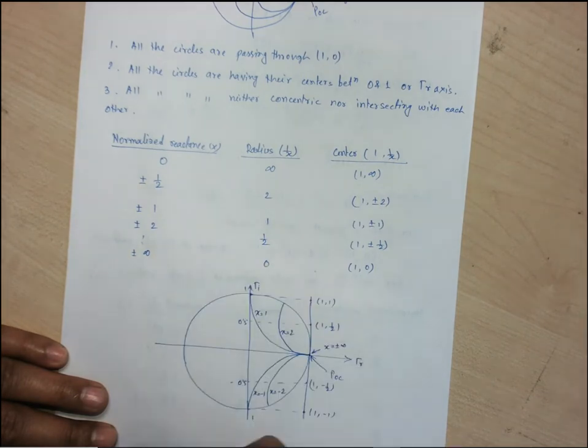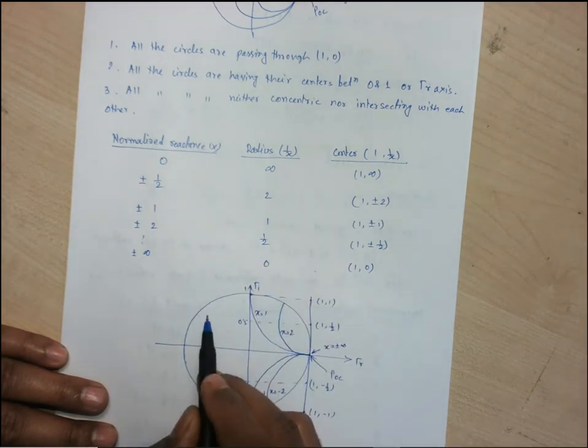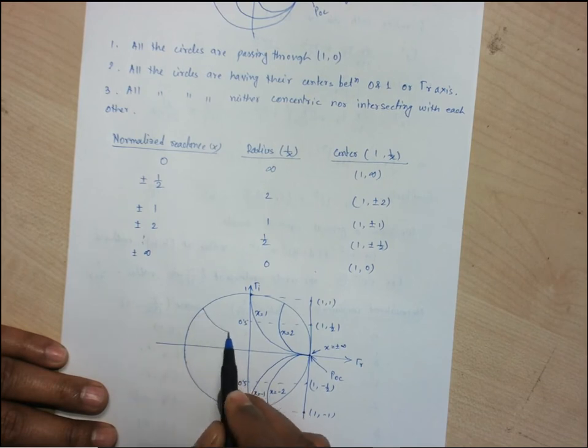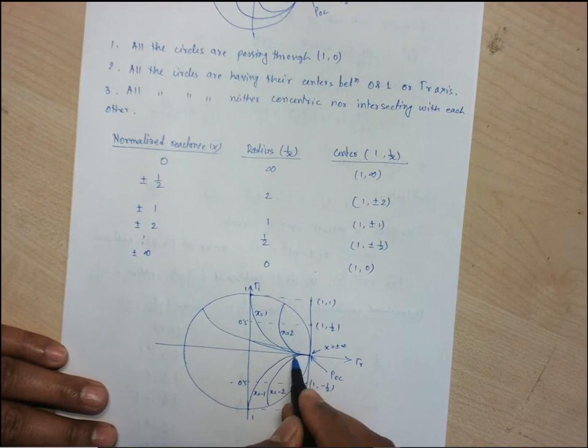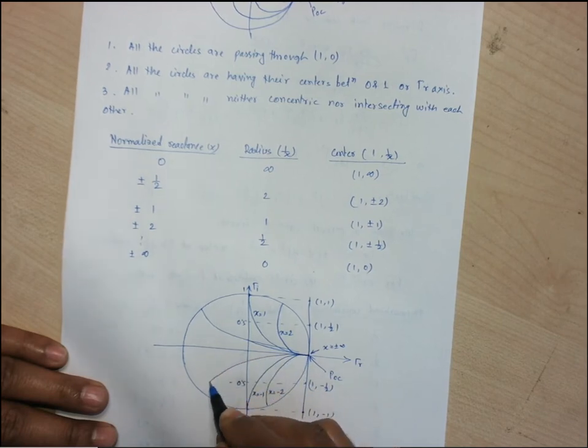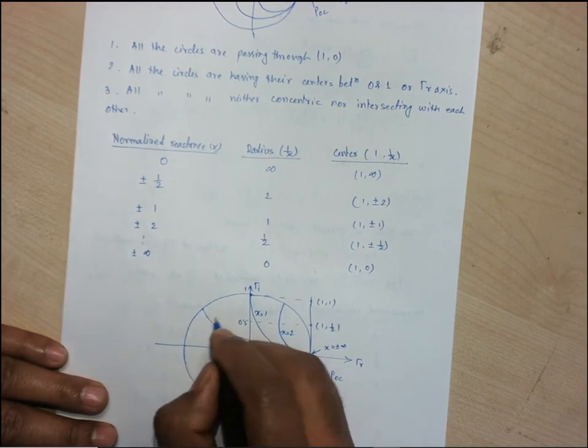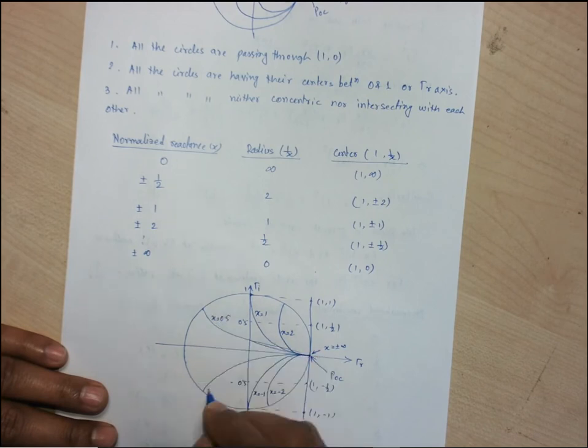Then we can have a bigger circle, something like this. But obviously it will go through this point. Same, it will go through this point. So this is for x equals to 0.5, this is for x equals to minus 0.5.